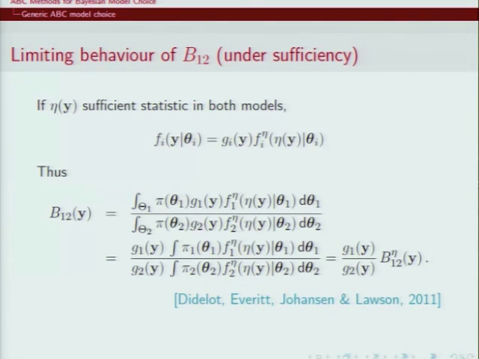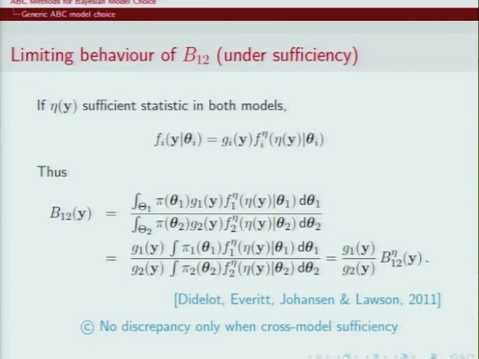And the difficulty is that this ratio doesn't have to be equal or even close to 1. The only case where it is equal to 1 is when eta is sufficient for the pair m, theta, m. If it's not sufficient for m, this ratio is of any order from order 1 to order n, the size of the data. So this can go in totally different directions.